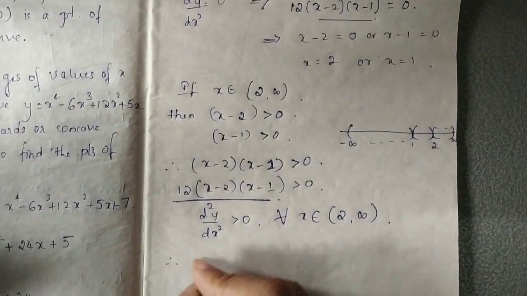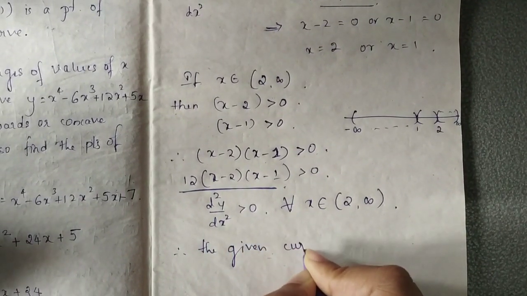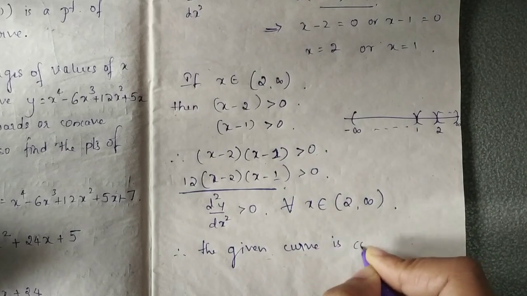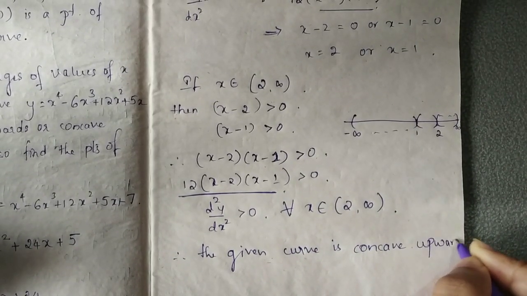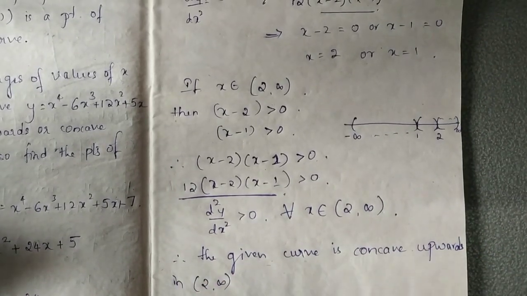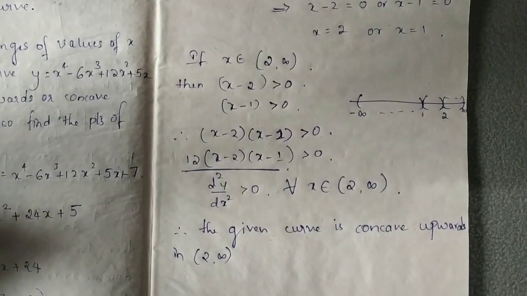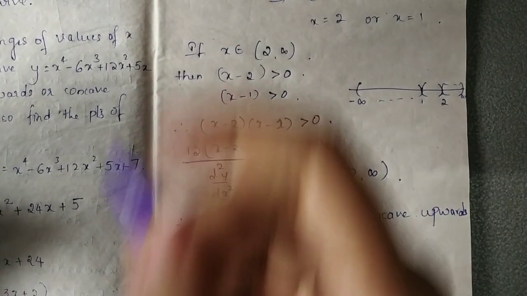Therefore, the given curve is concave upwards in the interval 2 to infinity. This is case 1.